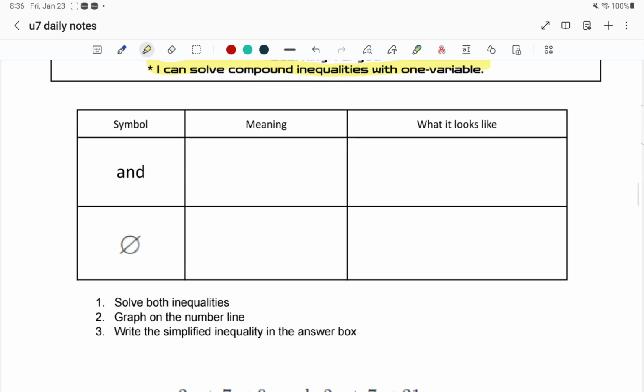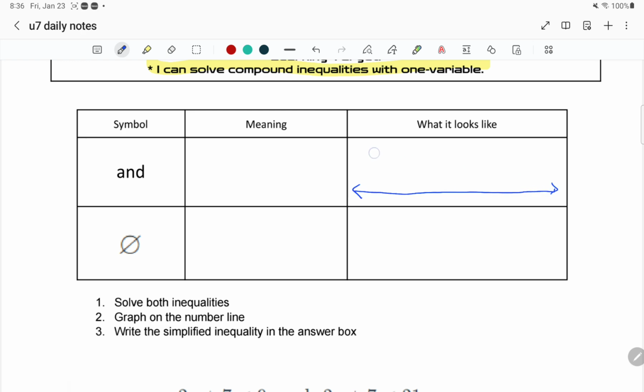So what it means and what it looks like when we have an and in there is, if I'm saying this and that, I mean both of those things at the same time. So when I have compound inequalities where it's this inequality and this one, I want only where they cross, only where they're together. So let's talk about what it looks like first.